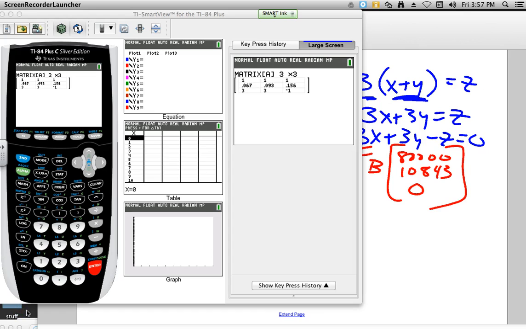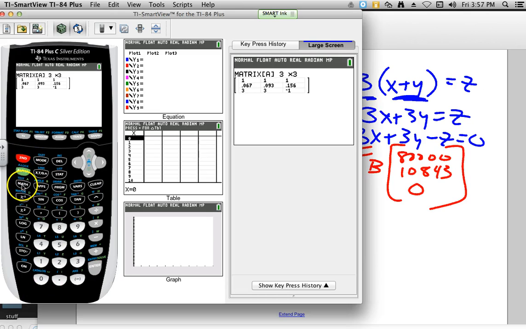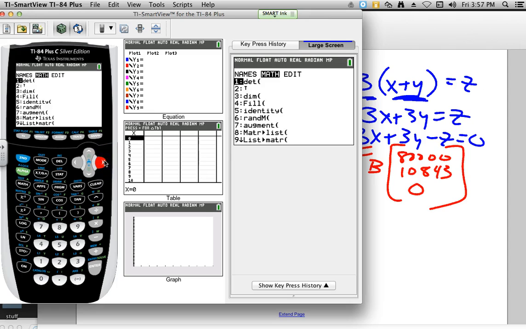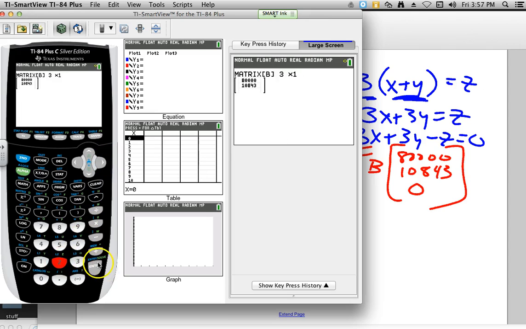You can see I put in matrix A: 1, 1, 1, and then our percentages, 0.067, 0.093, 0.156, and then 3, 3, negative 1. I also put in my matrix with the right side of the equations, and that is under matrix B. So a 3 by 1, and those are the numbers that we had for the totals.